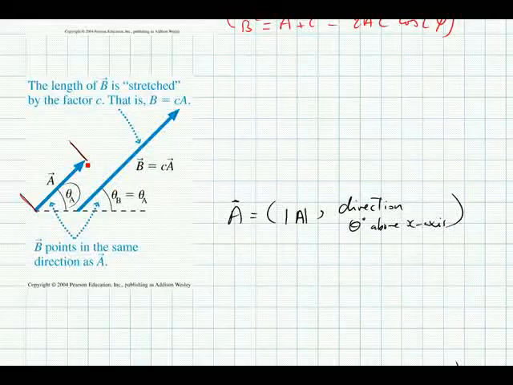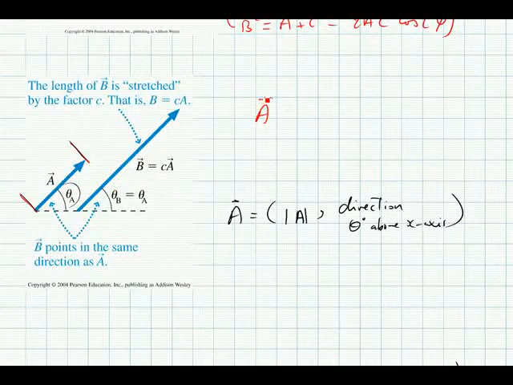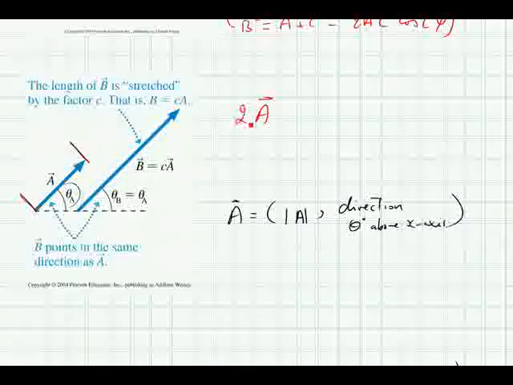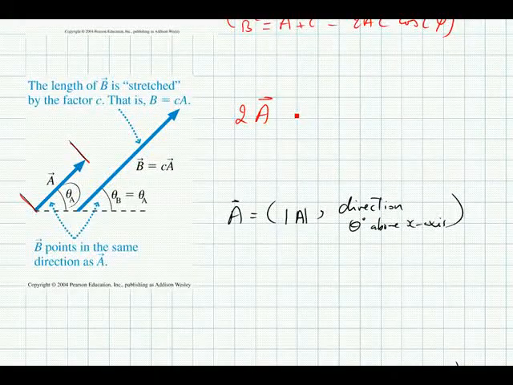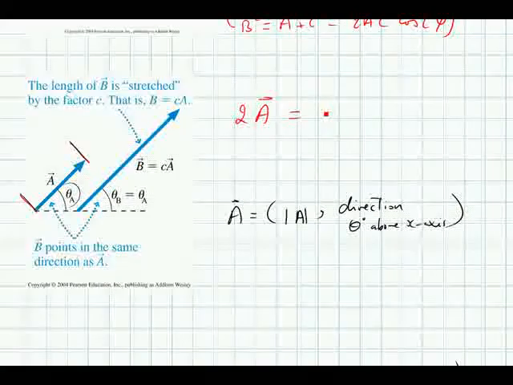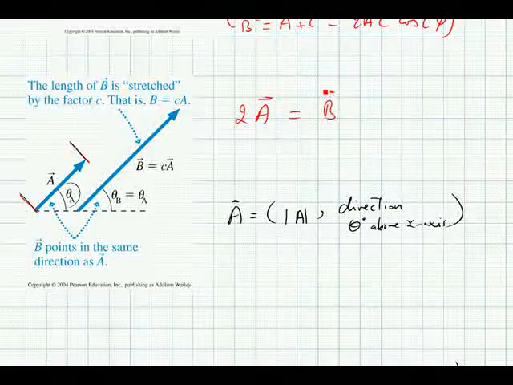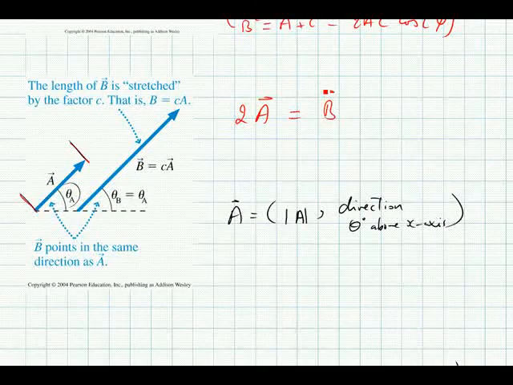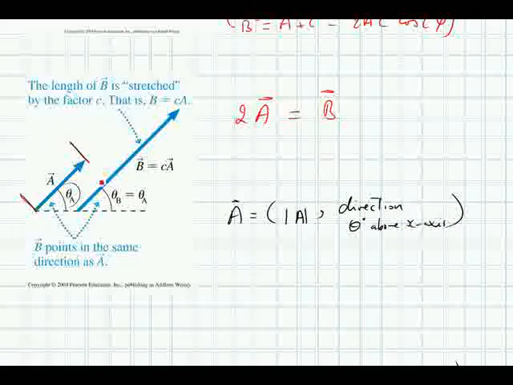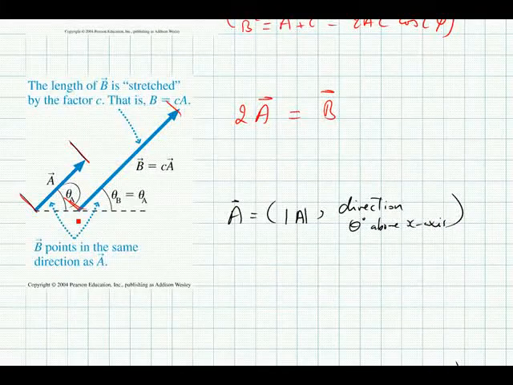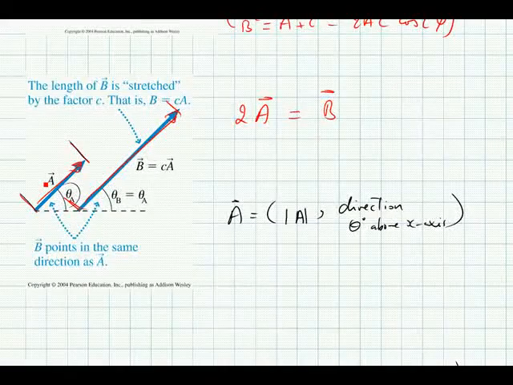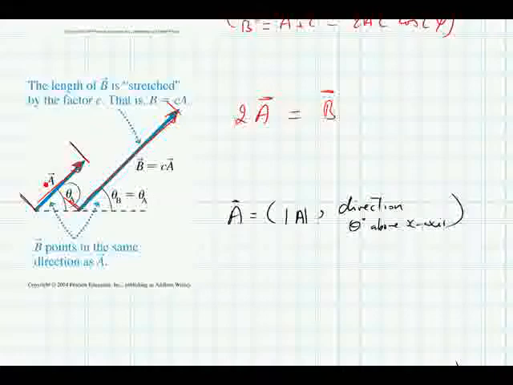If we now multiply vector A by, let's say, 2, such that we get a new vector b, what happens is vector b will have a magnitude twice as long as vector a, but it will point in the same direction as vector a does. So multiplying a vector by a scalar does not change a vector's direction, it only affects its magnitude.